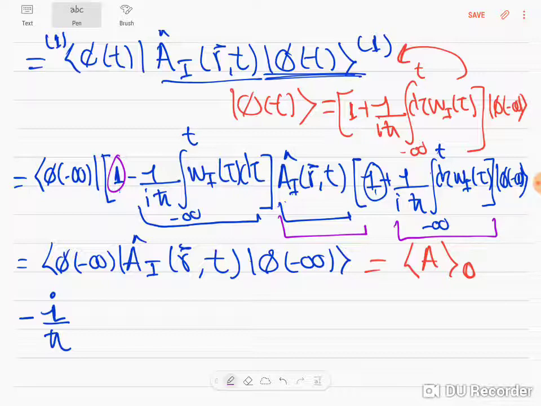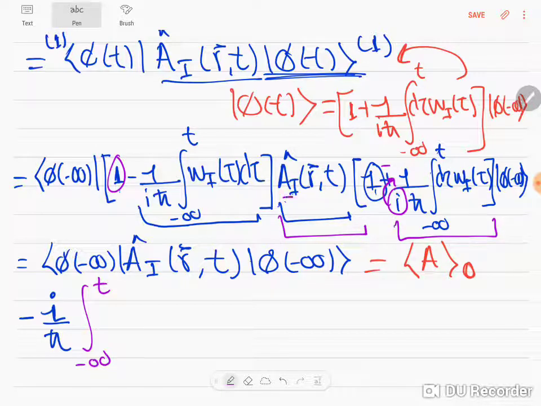First, when I put this i here it becomes minus, so I write minus i over ħ, the integral from minus infinity to t. What comes first?